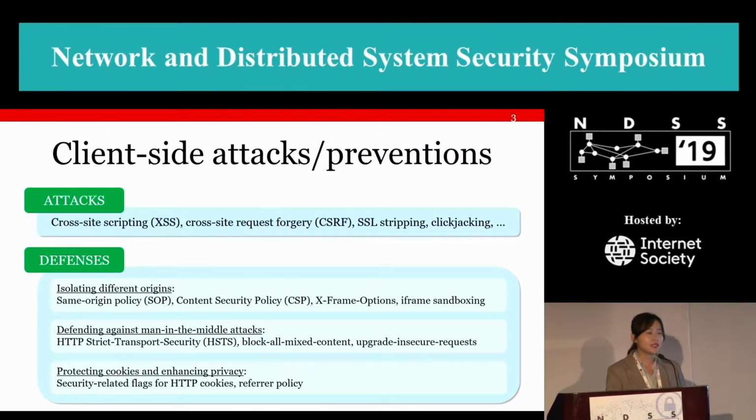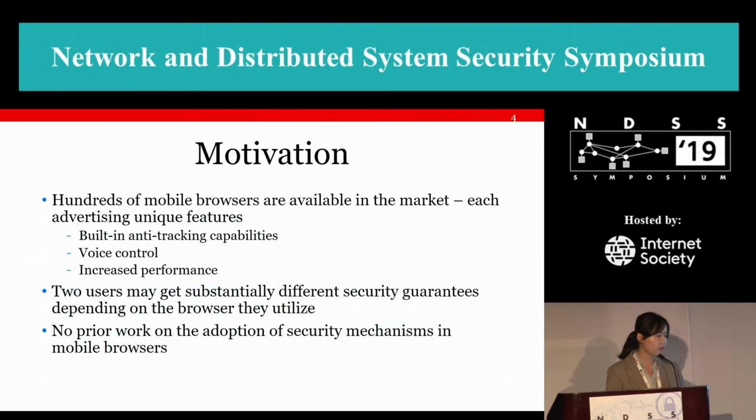Since client-side attacks are not limited to the desktop world, it's also necessary to employ the security mechanisms in the mobile world. As opposed to the desktop world, hundreds of mobile browsers that attract significant amounts of users are available in the market. Each of them can advertise unique features such as built-in anti-tracking capabilities, voice control, and increased performance.